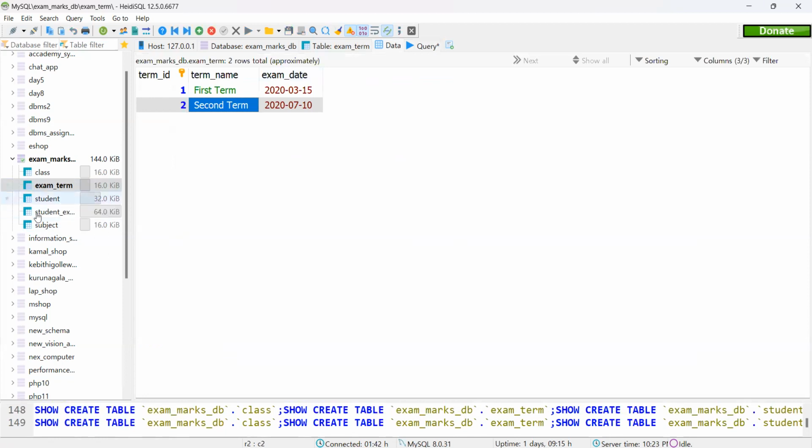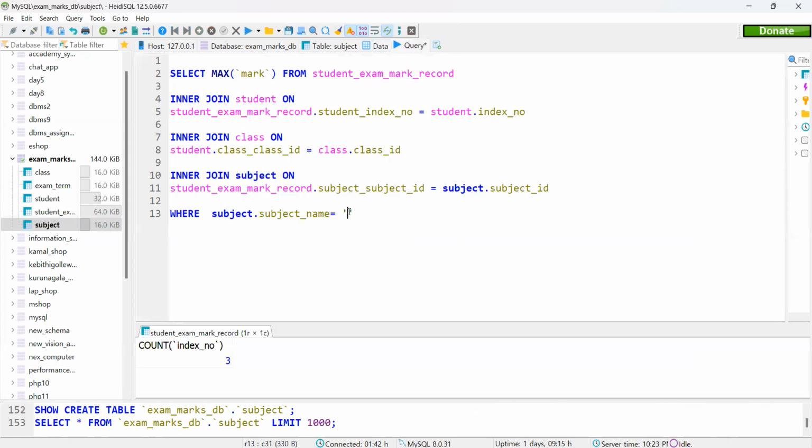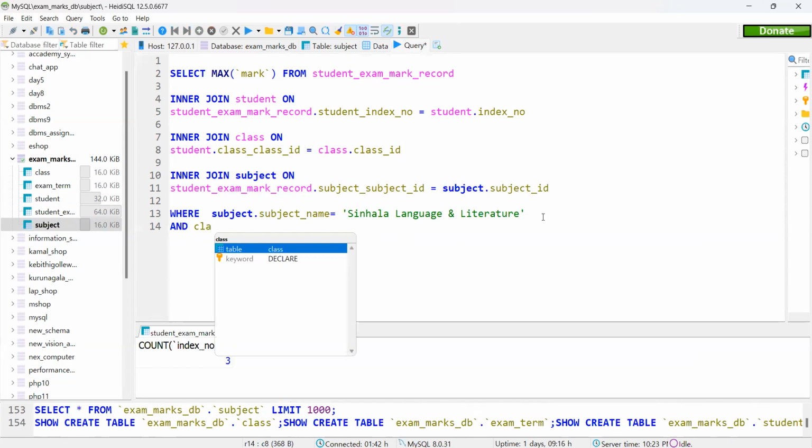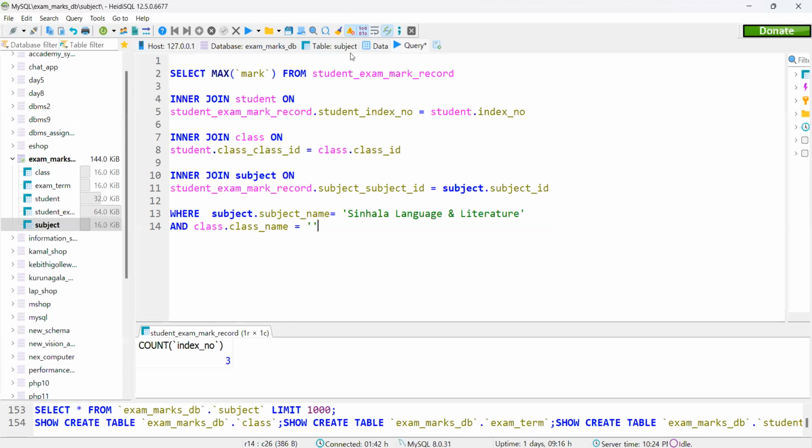Subject name, we have our subject Sinhala literature, and our class name, they said 11B.